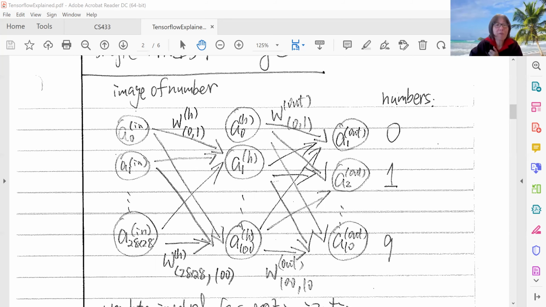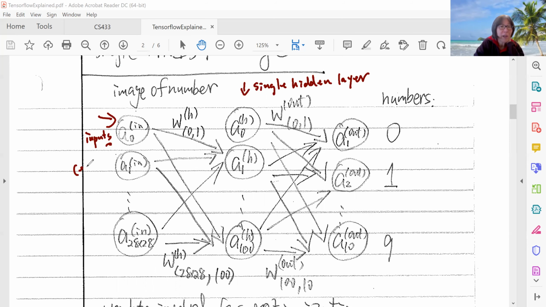Then let's see, if we use a neural network, this is just a single hidden layer. Here we have the inputs, regarding each pixel, so we should have 784 of these.